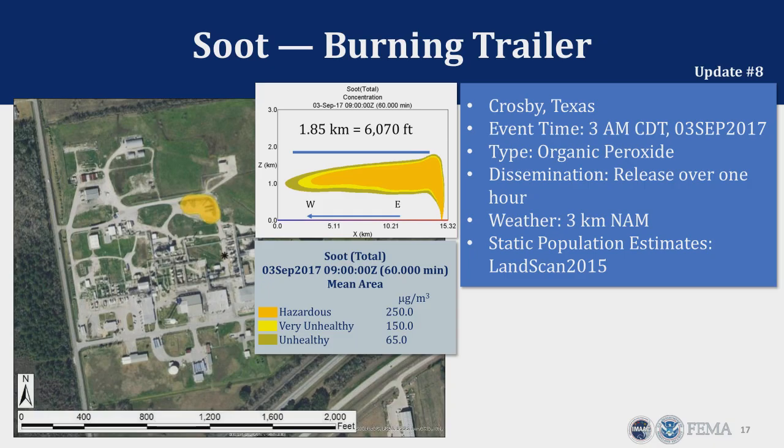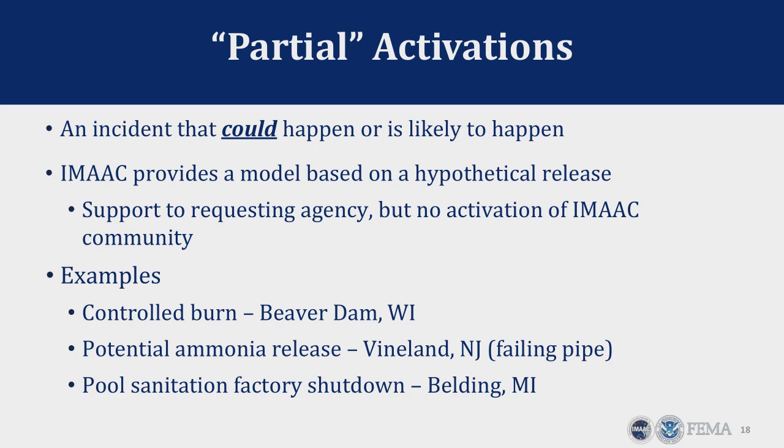Slide 18. So when we talk about partial activation, instead of something actually being on fire or actually spilling, we talk about this idea of, well, we'll activate, but just for the potential for something to happen. So this is anything that could happen or is likely to happen.